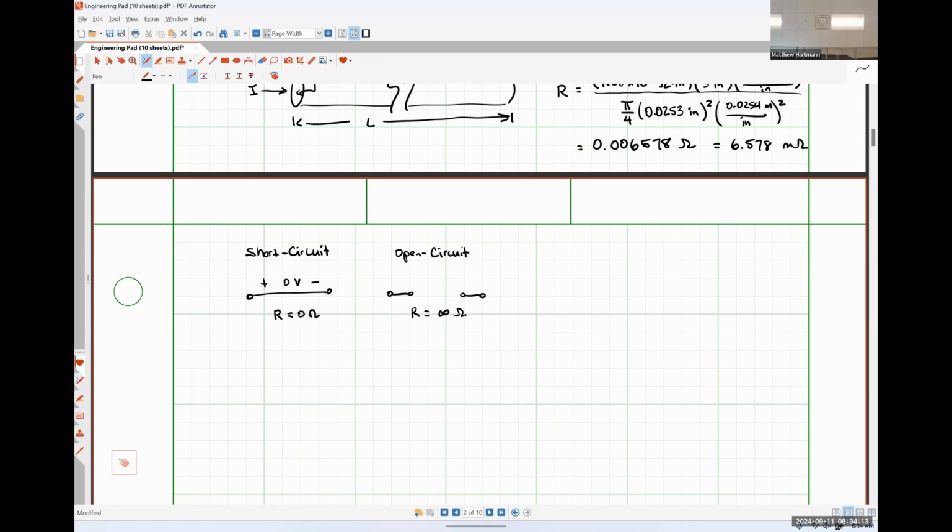If it has an infinitely large resistance, what does Ohm's law tell us the current has to be? Current I is equal to V over R. If R is infinity, we have whatever the voltage drop occurs across the terminals of our open circuit divided by infinity, so it's going to be 0. The current that flows through an open circuit is always going to be 0 amps.